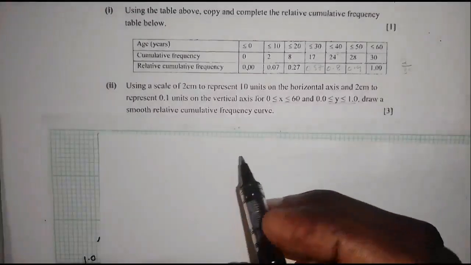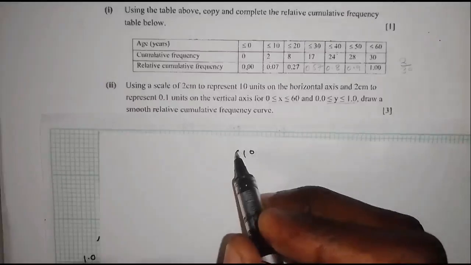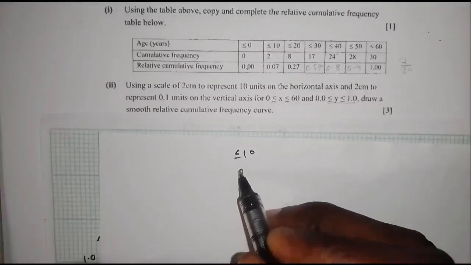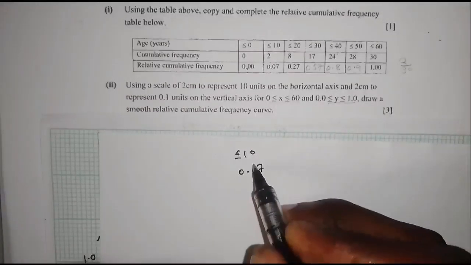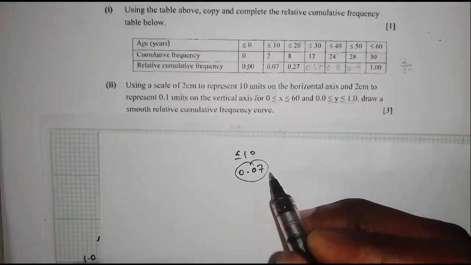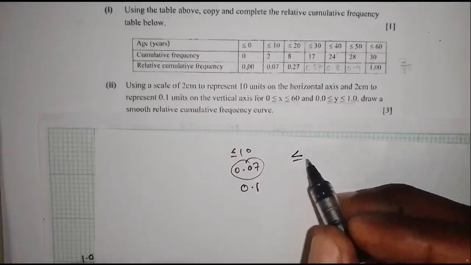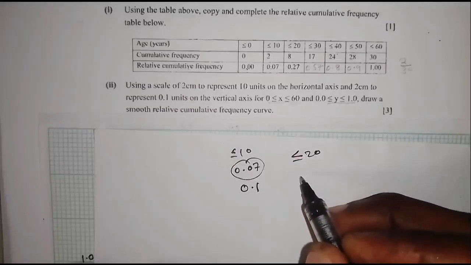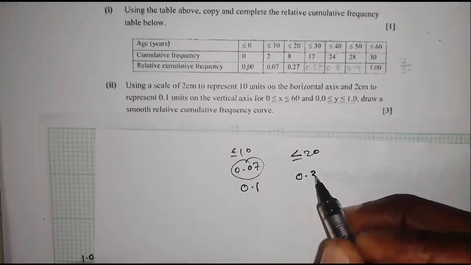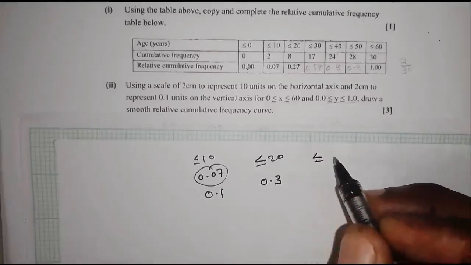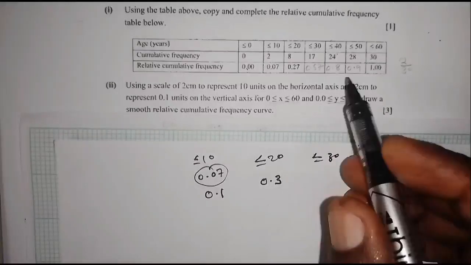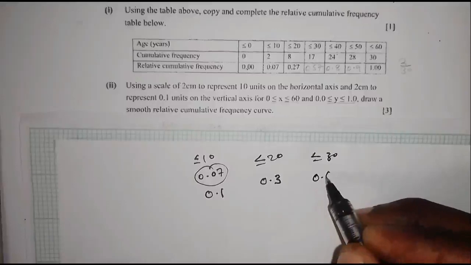This number can just be rounded off to 0.1. Then for less than or equal to 20, rounded off to 0.3. Then for less than or equal to 30, the number opposite can be rounded to 0.6.